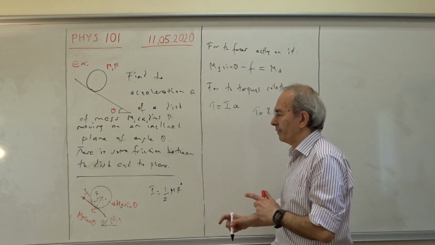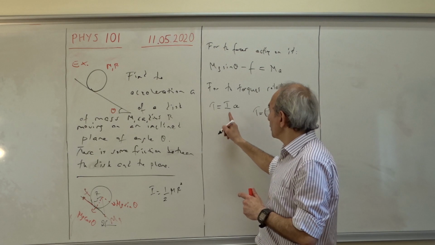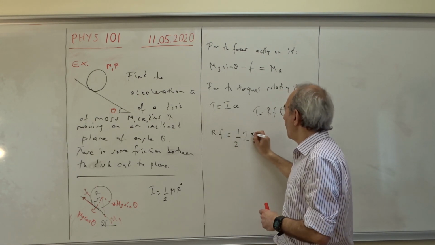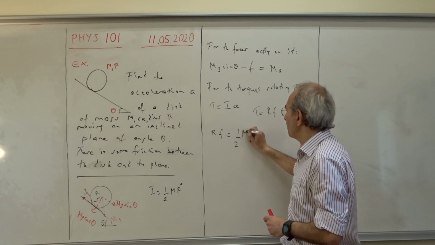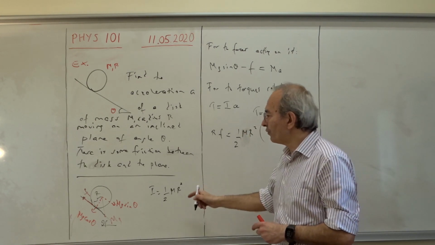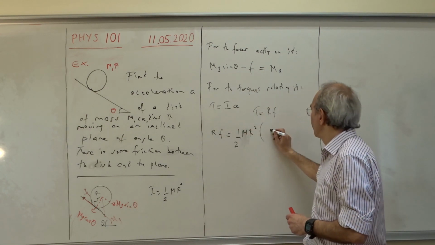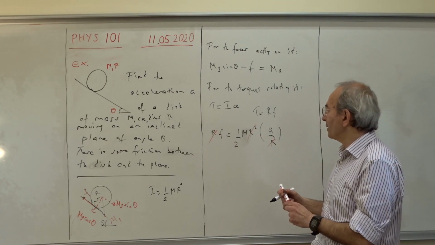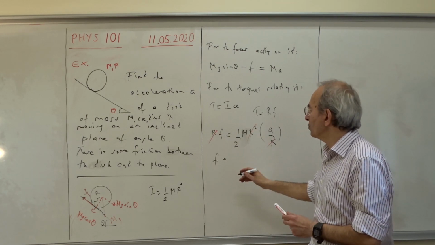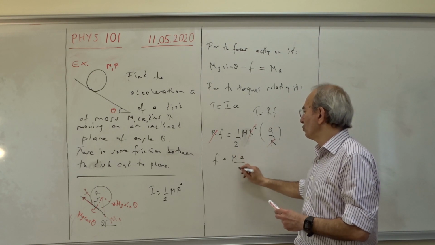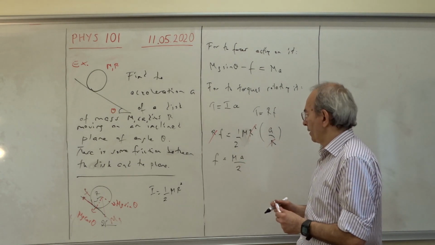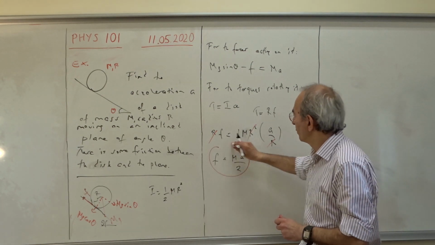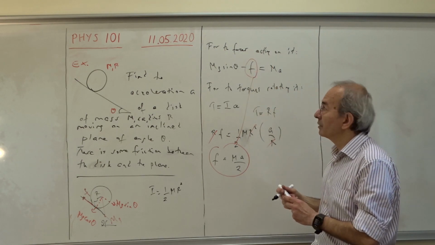It is just this I. So tau equals I alpha: tau is r times f, I is 1/2 mr squared, and alpha is a over r. So these r's will cancel, and f is found in terms of m and a as ma over 2. Then you put this f in the previous equation and get the acceleration.